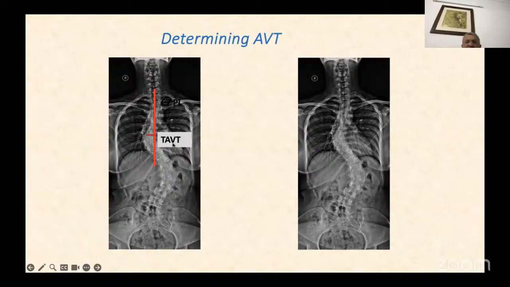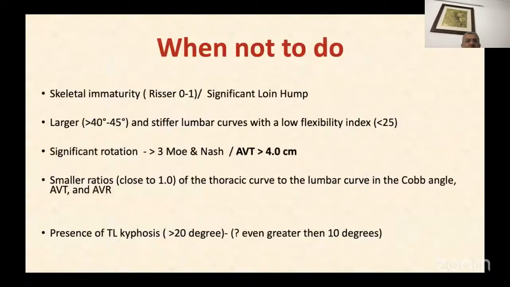That is thoracic apical vertebral translation. Whereas when you measure lumbar, you draw the CSVL, and the distance of the apex from it is the lumbar apical vertebral translation.